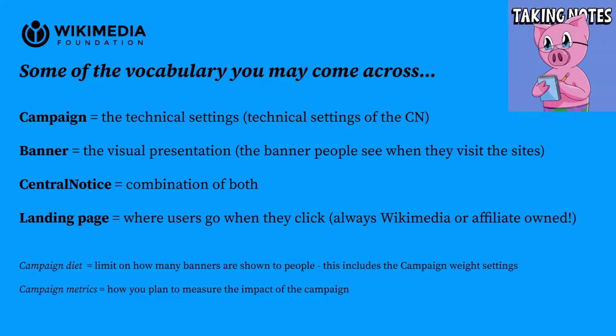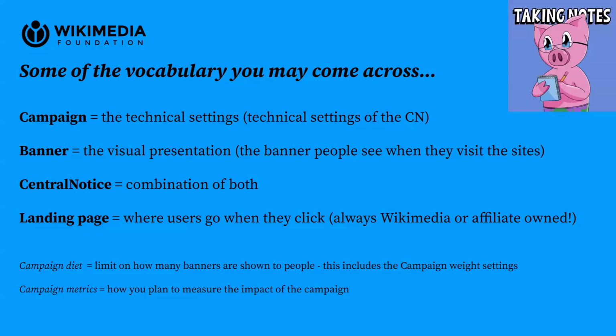The combination of the campaign and the banner is what we call the CentralNotice. The landing page is where the users go when they click the banner. And again, that has to be Wikimedia or affiliate owned.